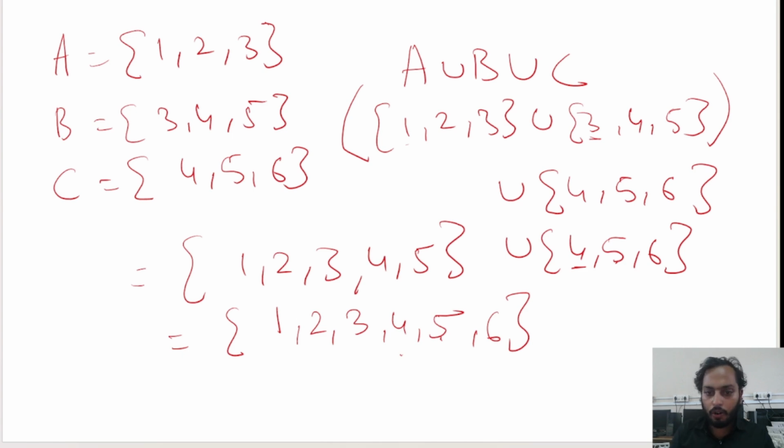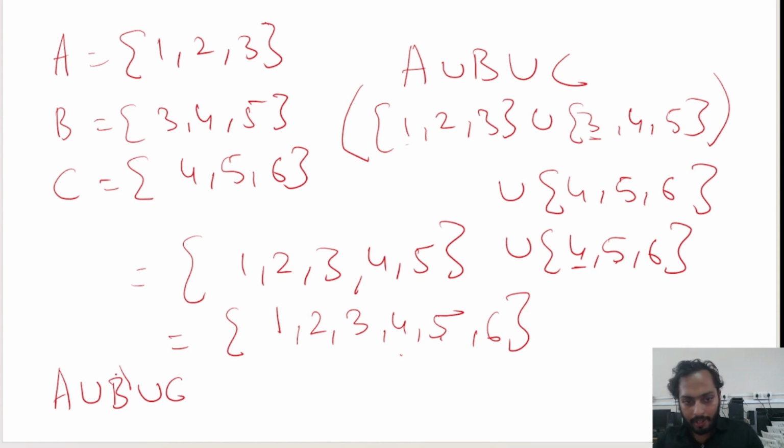But okay, according to the rule, let's be slow. It's telling you that if you have 3 sets and you want to combine them, you can combine any two first, and then combine with the third one. Or I can say you can combine the first two, get the output, and then combine it with the next set.